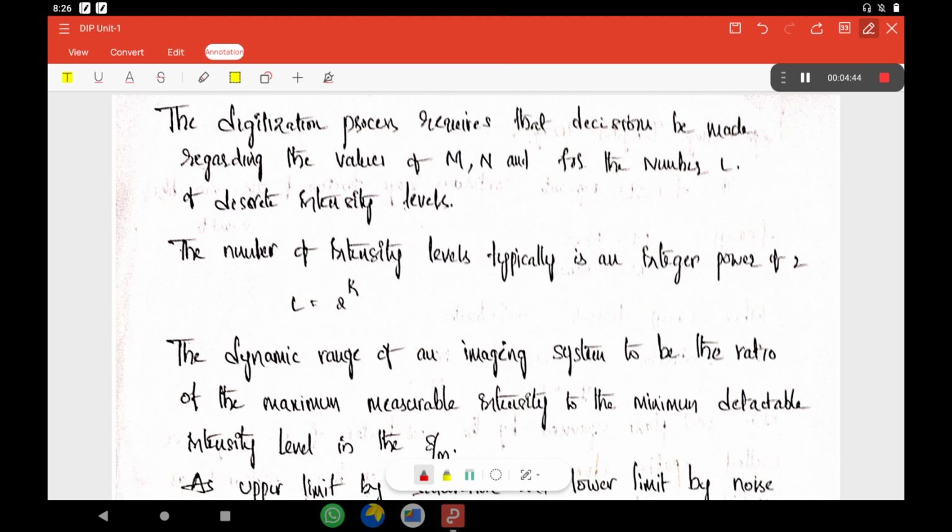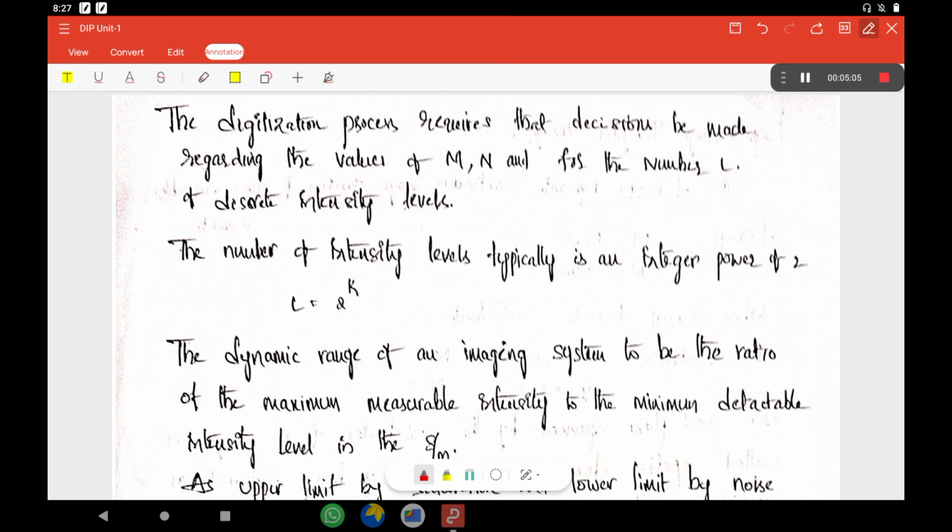In the last video we discussed that to convert a continuous image, you have to follow sampling and quantization methods, and then we can convert the continuous image into a discrete image. Here also you have to perform digitization, taking the values in proper order.